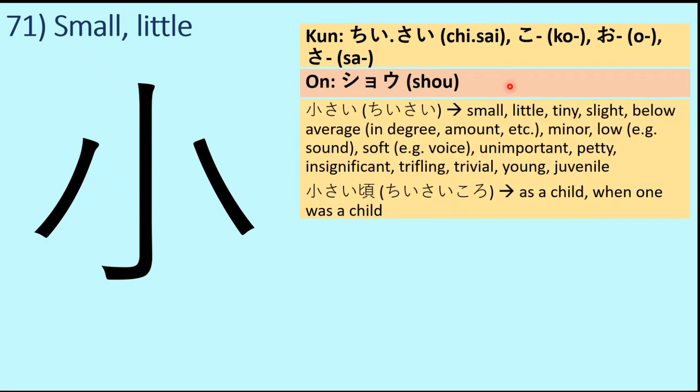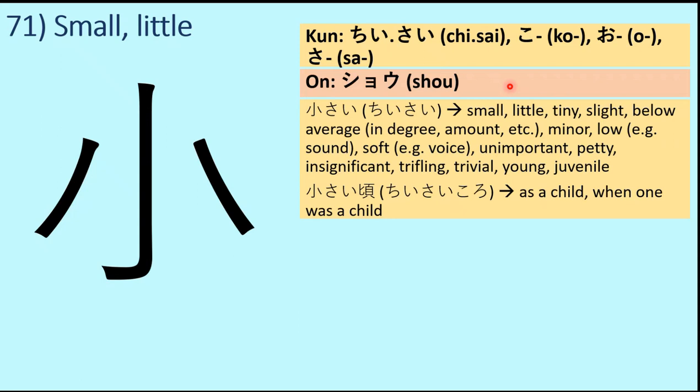So now let's look at some meanings and usages in Kun'yomi. Chisai means small, tiny, little, slight, below average in degree, amount, etc. Minor, low, for example, sound. Soft, for example, voice. Unimportant, petty, insignificant, trifling, trivial, young, and juvenile.